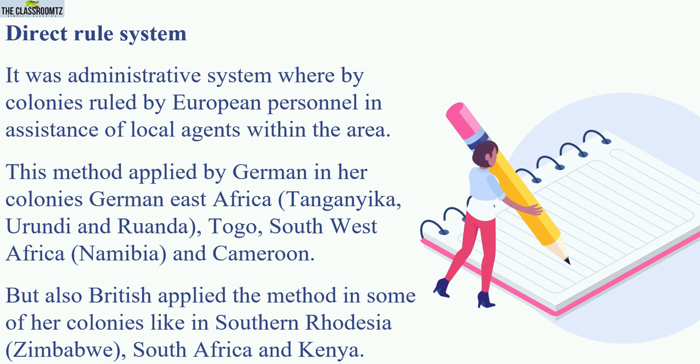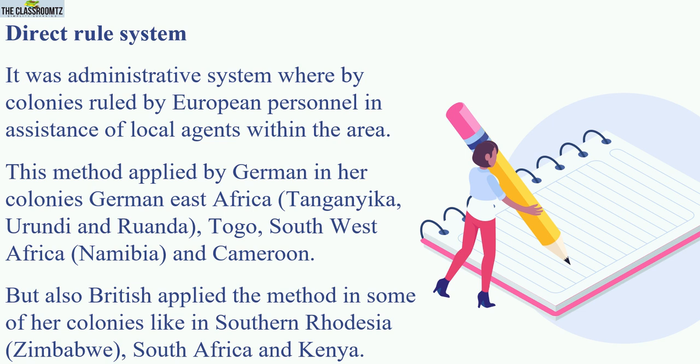But here in direct rule, as it says, it means that European administrators were available in the colonies at all levels. That's why it's called direct rule. No one worked on behalf of Europeans. But these Europeans, while colonizing, got little assistance from Africans.